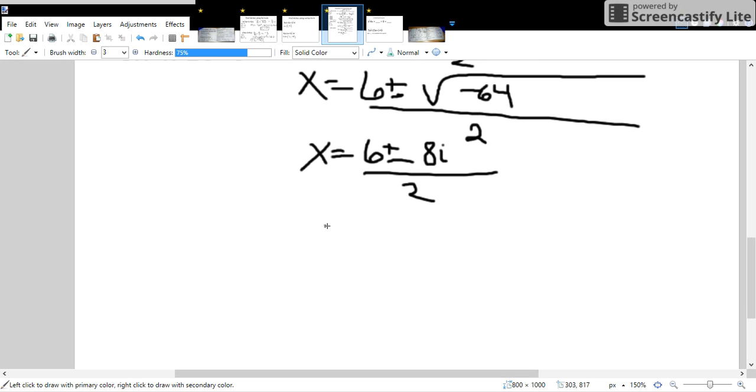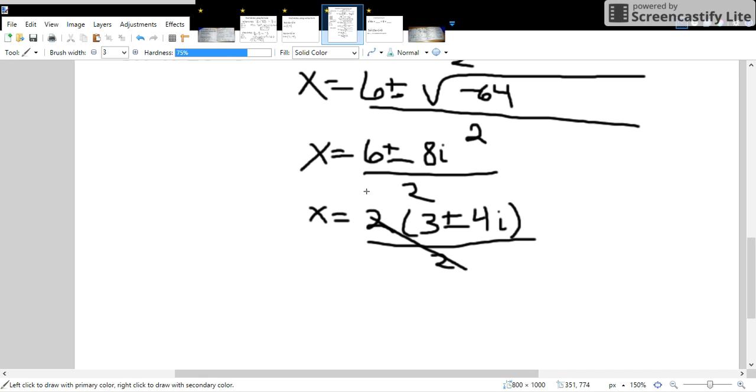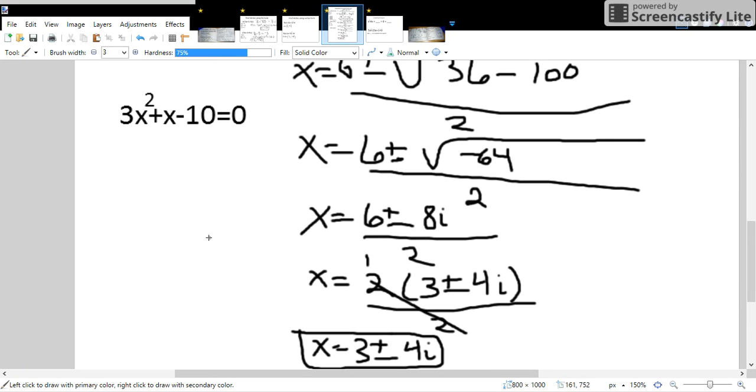So you could pull out a 2, factor it out to get rid of it. Okay, the 2's cancel to become a 1. So now you have x equals 3 plus or minus 4i. So you have x equals 3 plus 4i and x equals 3 minus 4i. So go ahead and pause the video, see if you could do the last one.